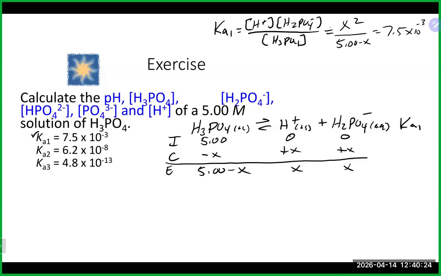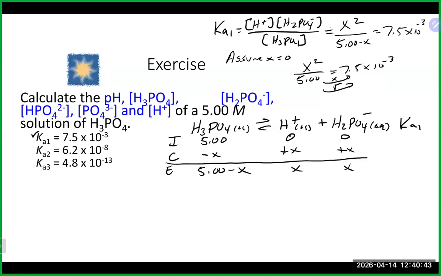We can assume that X is equal to 0 in this case and give it a go. And that's going to give us X squared divided by 5 is equal to 7.5 times 10 to the minus 3. Like normal, we're going to multiply and then square root it.